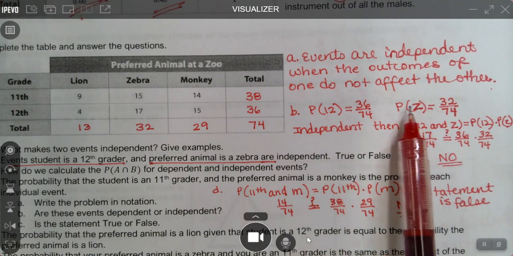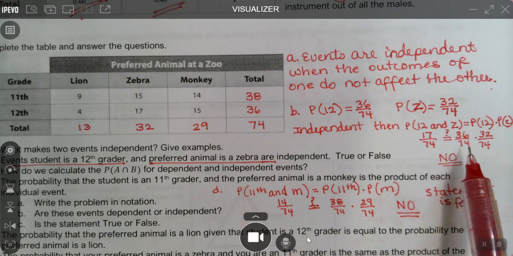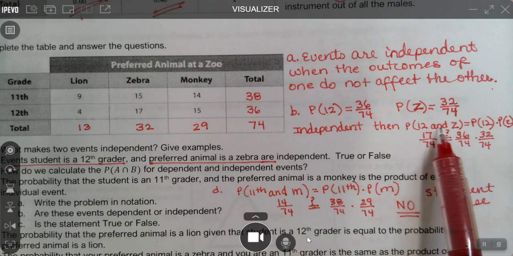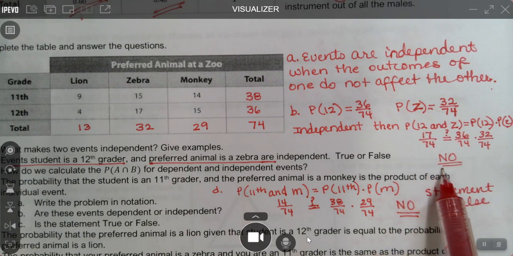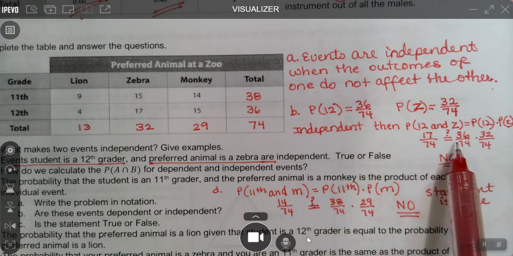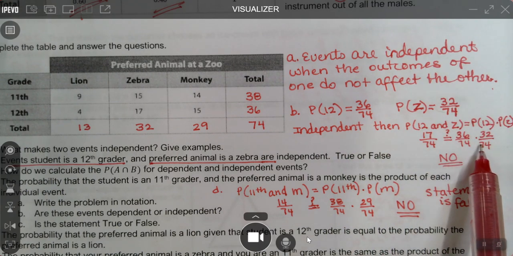What would make them independent is if we multiply them and it equals the overlap, the and probability. The probability of being a 12th grader is 36 over 74 times the probability of a zebra, 32 over 74.